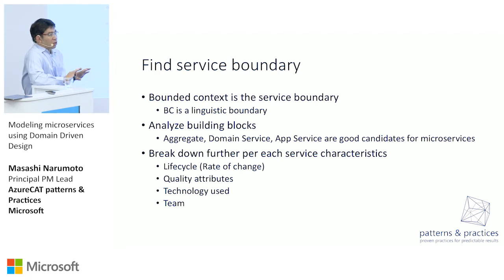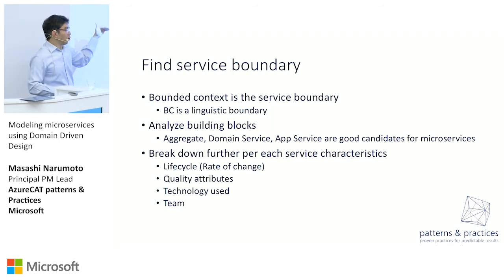You can split these two into two services and assign lots of instances only to service A, not service B. And same with availability. Feature A requires 4.9 versus B requires 3.9. Now you can split them into two and give A more instances and give fewer instances to service B. So that's the quality attributes point of view.